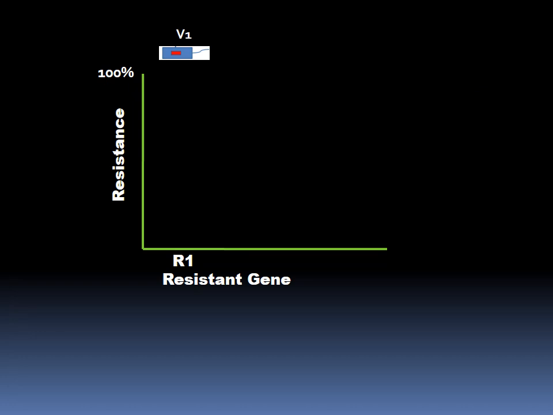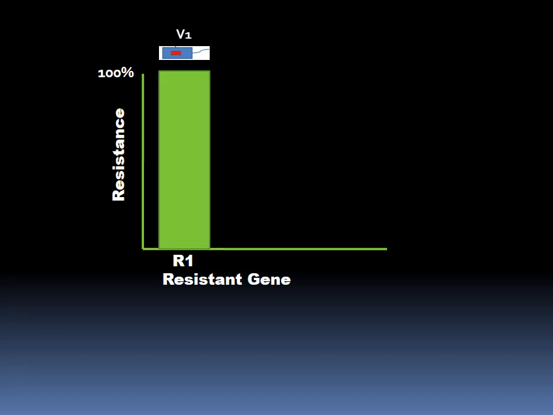But now the scenario is different. It is the same pathogenic bacteria which previously successfully caused the disease in the plant. But if you look at the x-axis, you can find the R1 gene, and R1 gene means a resistant gene that is capable of detecting this bacteria.